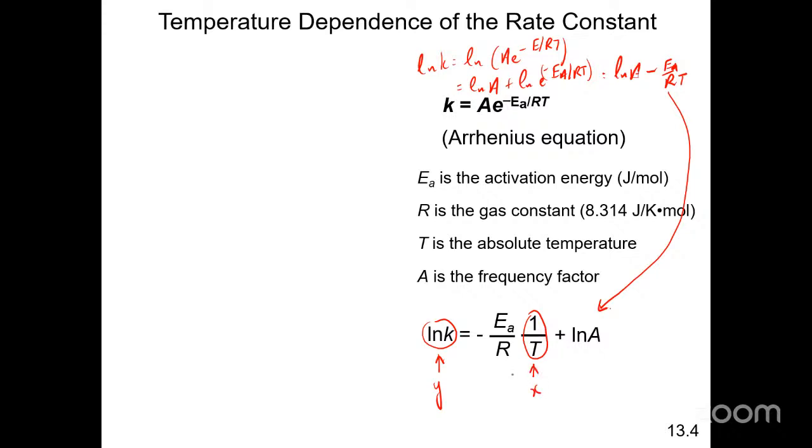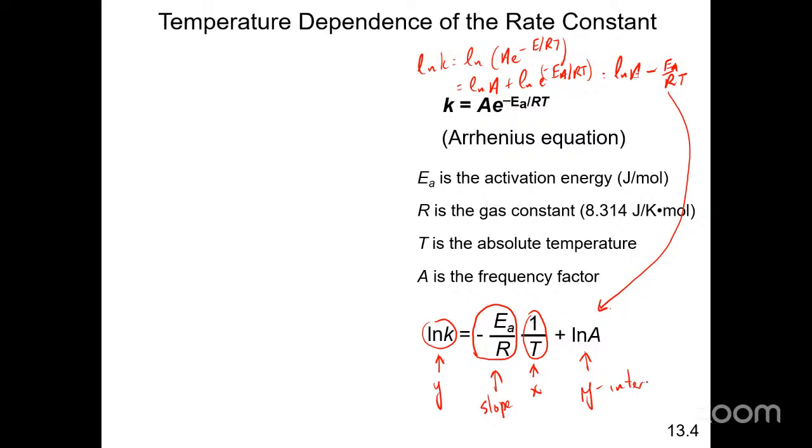Therefore, if you carry out an experiment where you determine the rate constant at various temperatures, and then you find the natural log of the rate constants and plot it against 1 over the temperature, which must be in Kelvin, by the way, then you're going to get a straight line graph with a negative slope. And that slope is going to be equal to minus EA over R. And the ln A here would be the intercept on the y-axis, so the y-intercept, right?